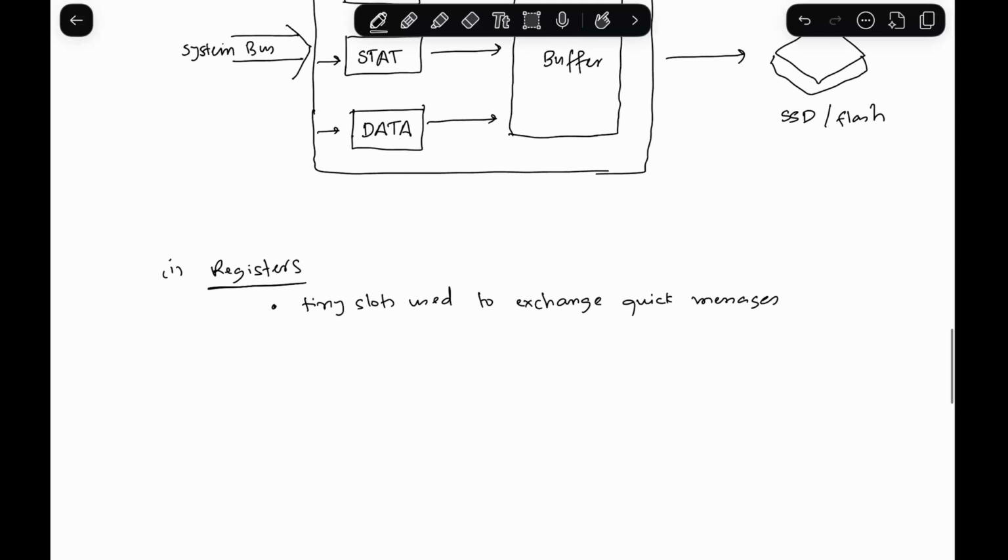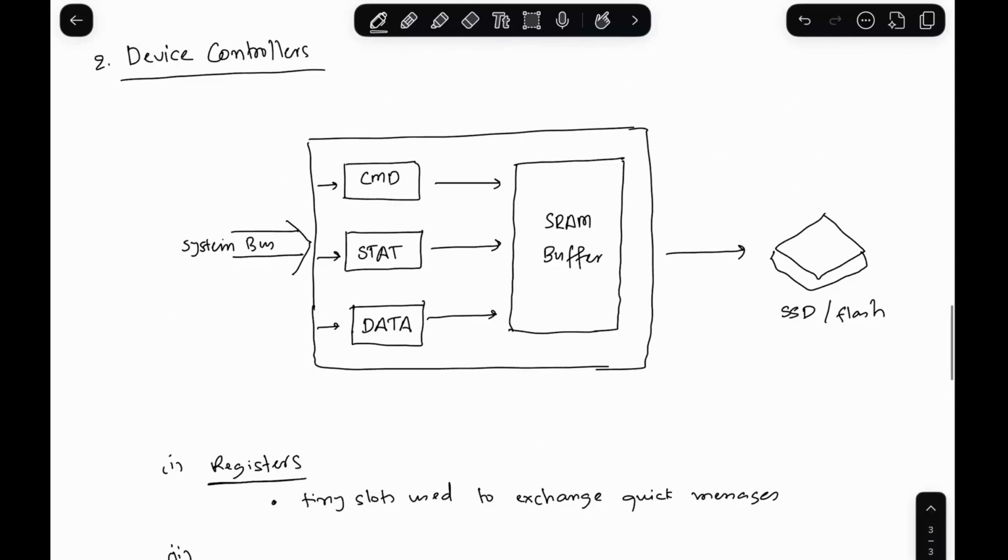messages. Okay. Now the second thing is the staging area or the local buffer, which we depicted as SRAM buffer. So this is a small patch of super fast memory right inside the chip, or a small part of RAM itself, which is right inside the disk controller.